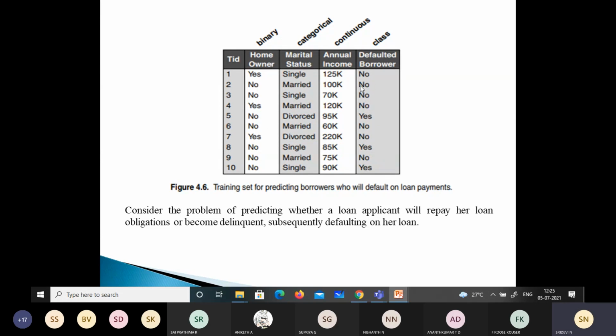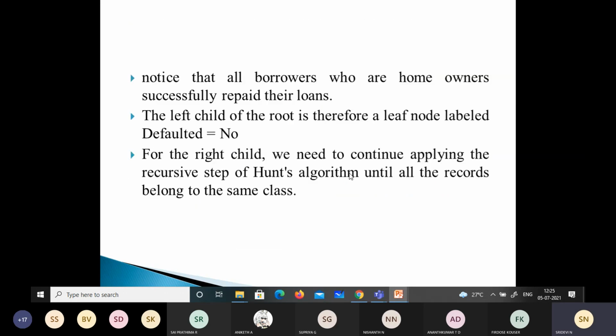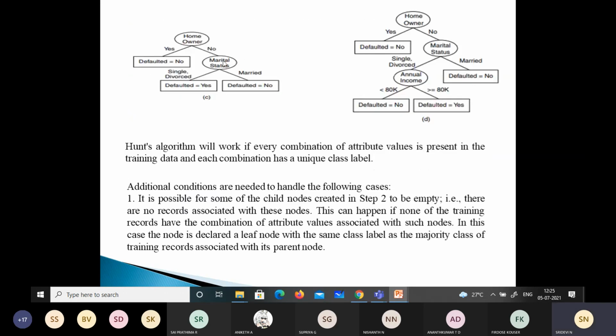So can we put these 3 records onto this right child here?